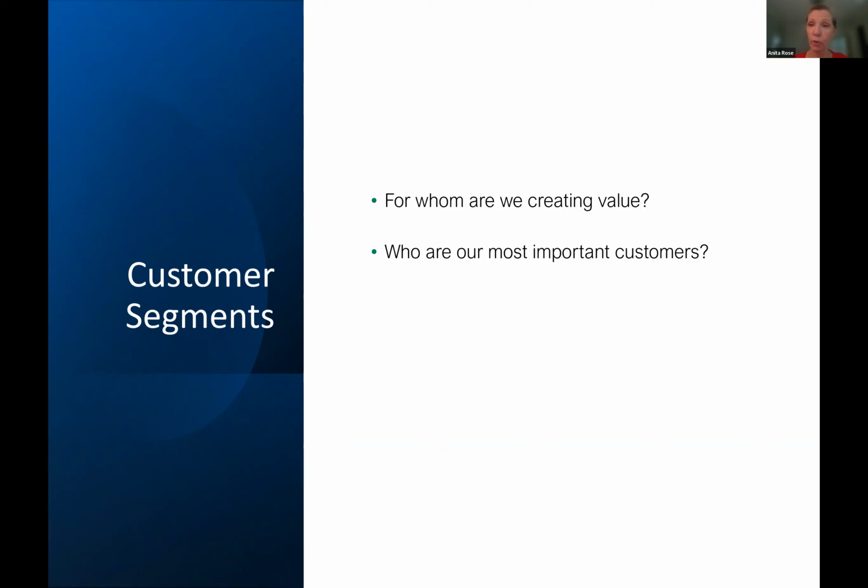So that's a totally different customer segment. So we want to just focus on one very specific customer segment. You may have more customer segments for your product or service, but you should really have a different business model canvas for each customer segment that you decide that you want to work with.